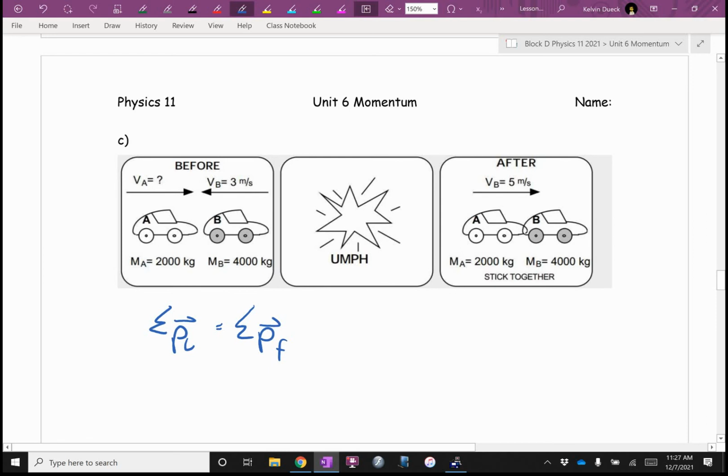Looking at my velocities, are any of them negative? One is. Got to be negative because look which way it's pointing, right? Looks like this car was backing up.